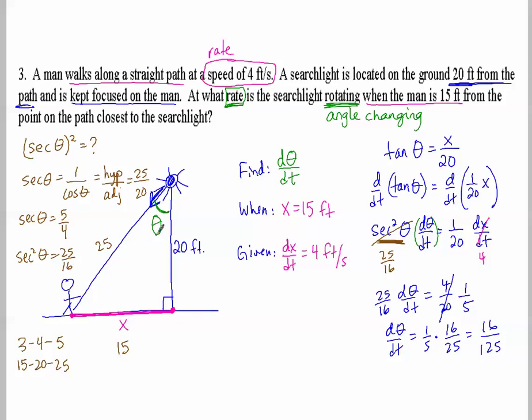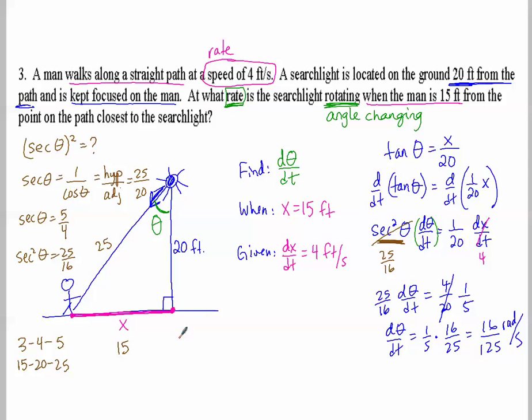Now, we're always measuring angles in radians, and the time is in seconds, so radians per second. Remember, given words in the question, we give words in the answer.